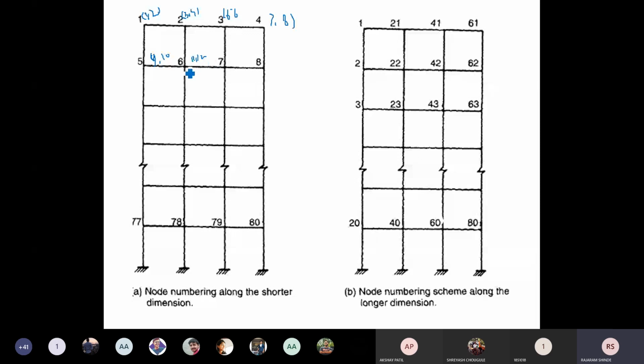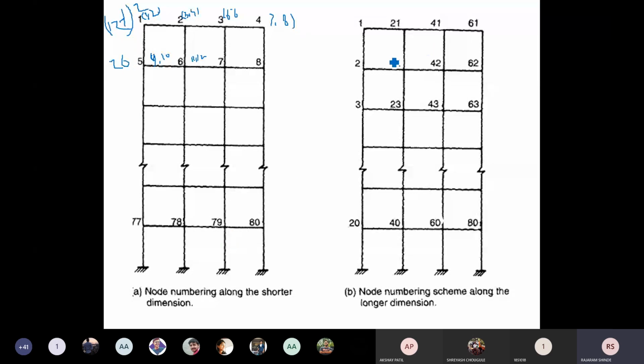Now the maximum difference in numbered degrees of freedom: the minimum is 1 and the maximum is 12, so 12 minus 1, and the degree of freedom per node is 2, because at each node there are 2 degrees of freedom. Therefore 11 plus 1 is 12, 12 into 2, 24 is the bandwidth required for this case.